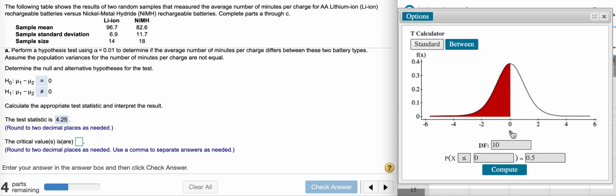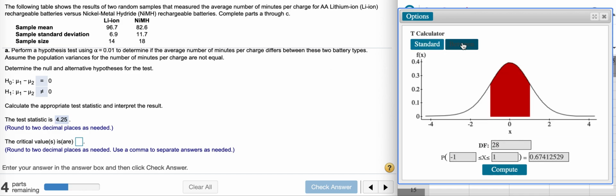If I notice, the degrees of freedom here is 28.223. Whenever we do not use a pooled variance, the degrees of freedom has a really messy formula, but I'm going to just use 28 as my degrees of freedom in this case. So, going back to our calculator, we use degrees of freedom 28.